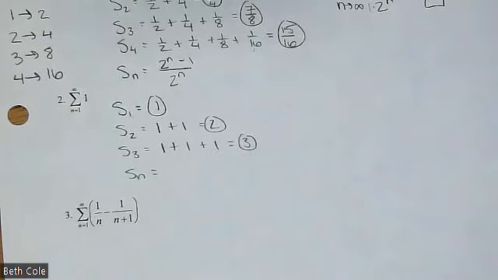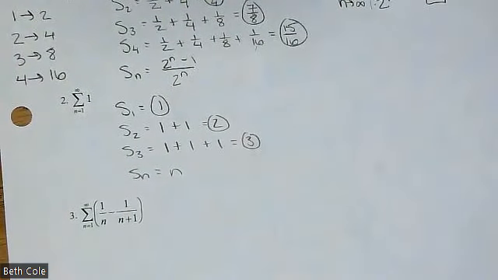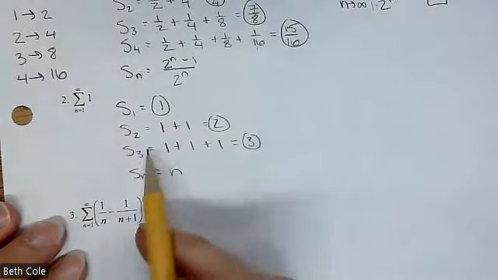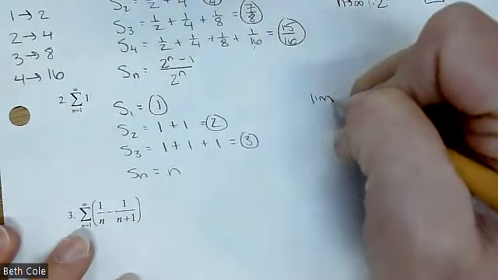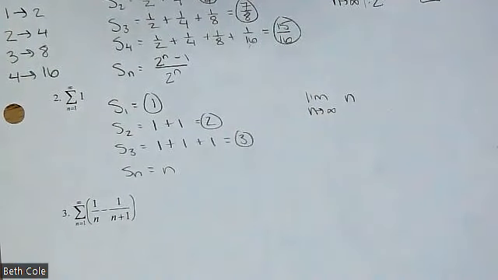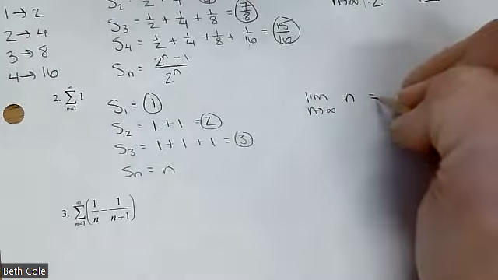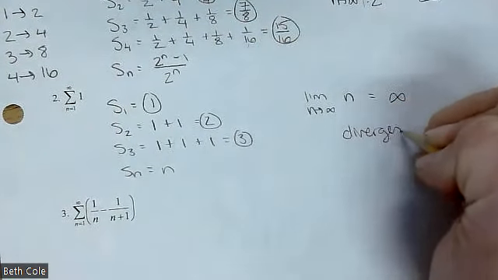Just n, like it would literally just be n. Because for 1, you got 1, and for 2, you got 2, and for 3, you got 3. So if you do the limit as n goes to infinity of n, what do you get? Infinity. And so we would say it diverges.